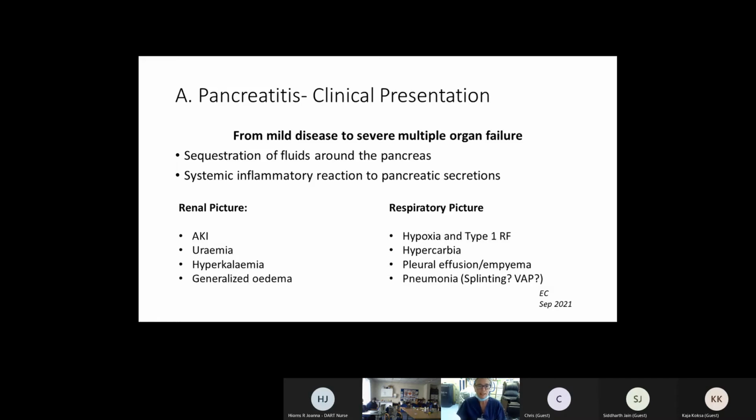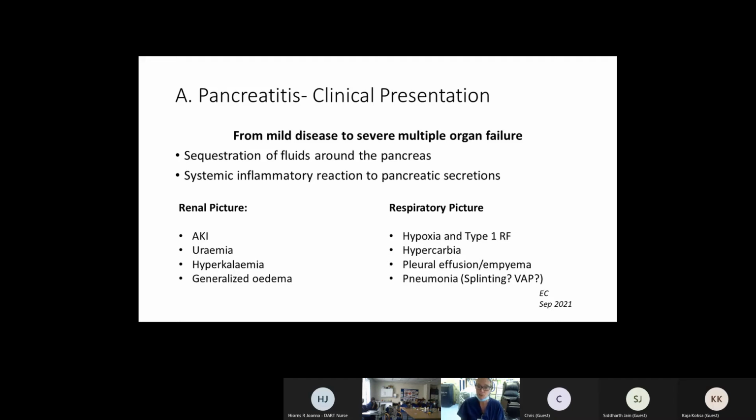We will frequently have a renal picture with AKI, uremia, hyperkalemia, and generalized edema just because the kidneys are not working properly. We frequently have a respiratory picture, and when we're talking about ITU, probably this is the most common cause for admission in ITU, hypoxia and type 1 respiratory failure.